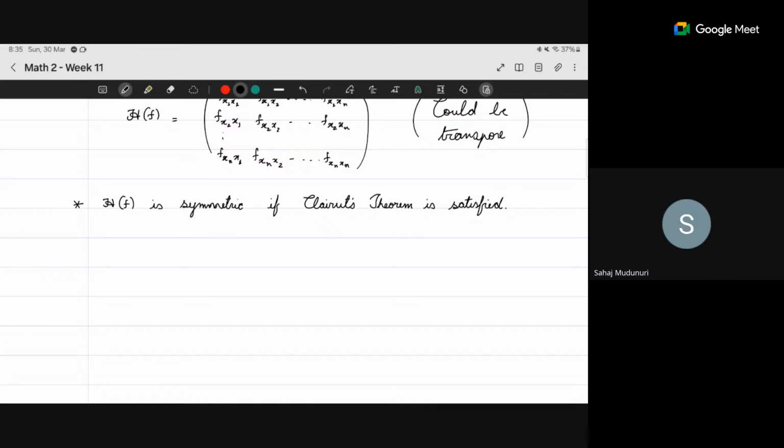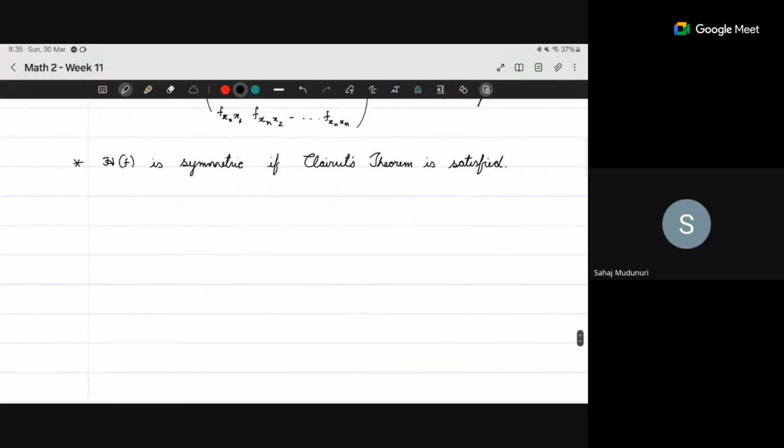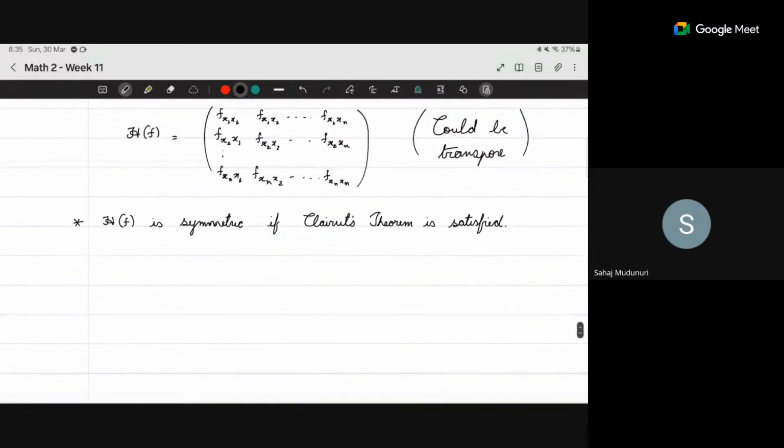Got it, sir. So symmetric matrices have nice properties, and when the Hessian matrix is symmetric, we can do what is called the Hessian test. So next we will look at that.